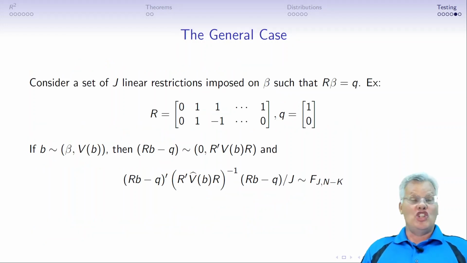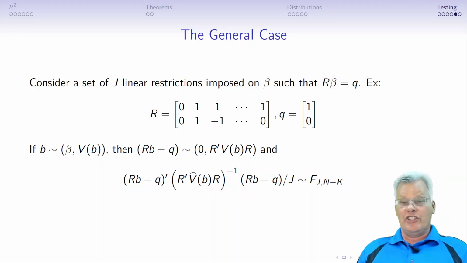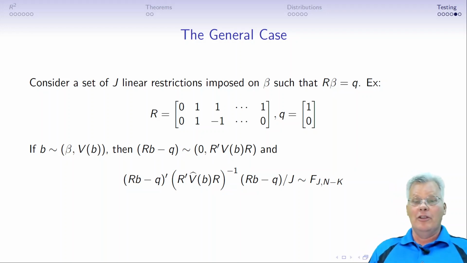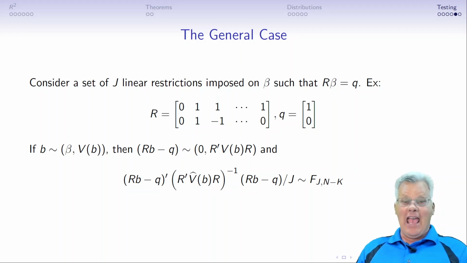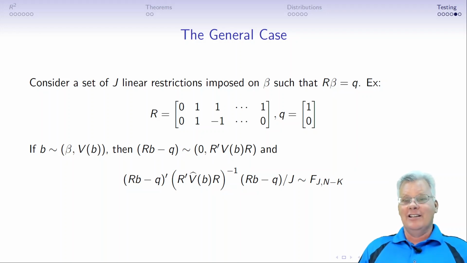Okay. The general case, if we want to express this in linear algebra in glowing generality, consider a set of J linear restrictions imposed on beta such that R times beta is equal to a vector q. So for one example, say that I have this R, which is a 2 by K matrix, and then we have the scalar values, each of those is equal to an element in q.